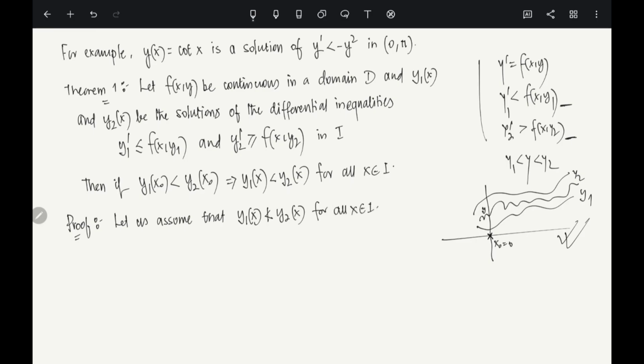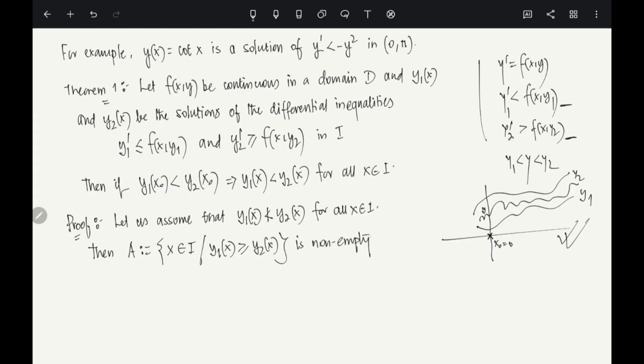It means that there is an x naught in I such that this is not true. Then the set A, let's just call it A, is the set of all those x in I such that y1 of x is greater than or equal to y2 of x. This set is non-empty.